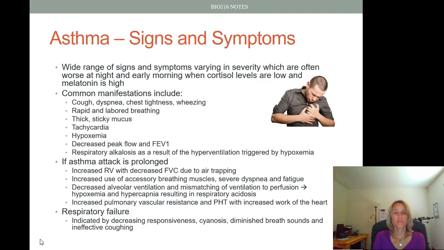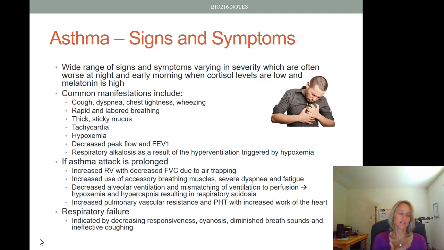Okay, so let's go over some of the signs and symptoms of asthma. There's a wide range of signs and symptoms, and they can vary in severity. As I mentioned before, they're often worse at night and early in the morning. Common manifestations include cough, dyspnea, chest tightness, wheezing, rapid and labored breathing.